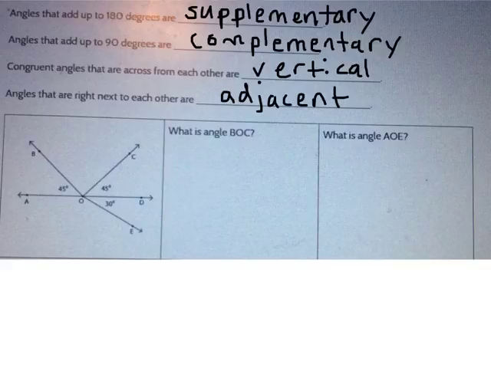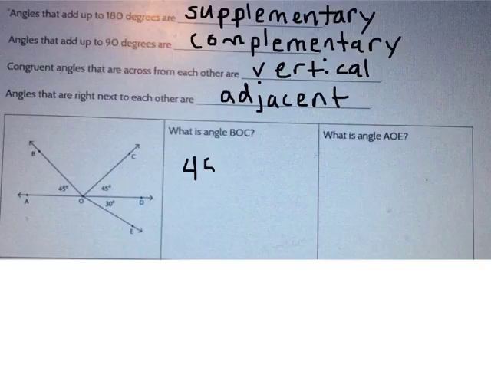Let's look at an example. Find angle BOC. Well, I know that AOD is a straight line. Angle BOC is part of an angle on that straight line. I can see that if I added angles AOB, BOC, and COD, I would have to add up to 180 degrees to make that straight line.